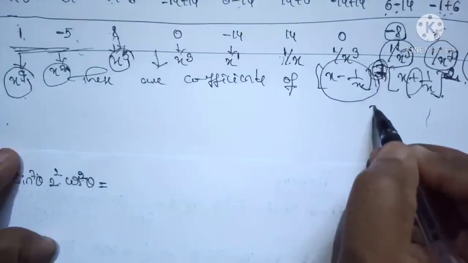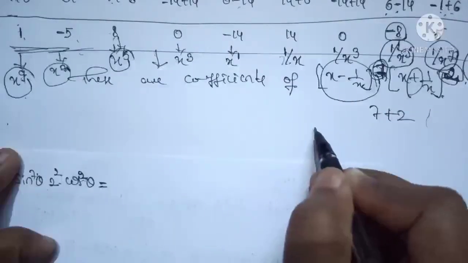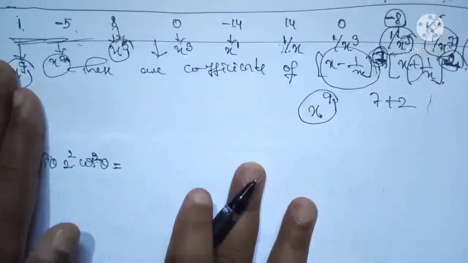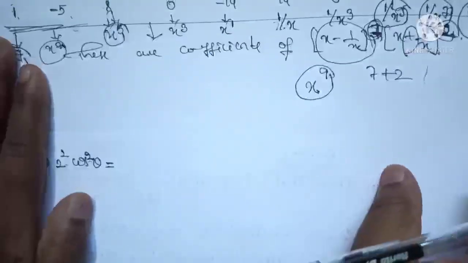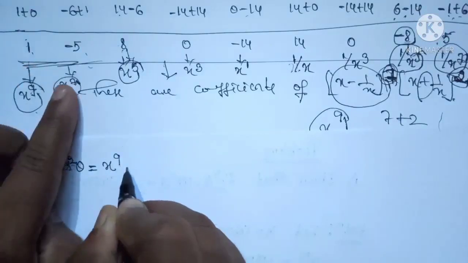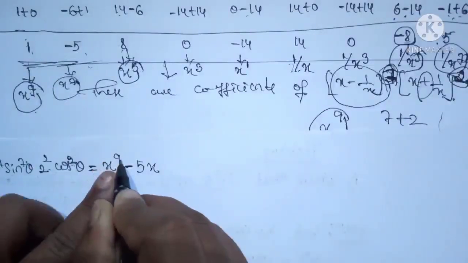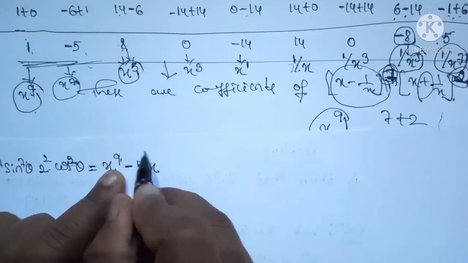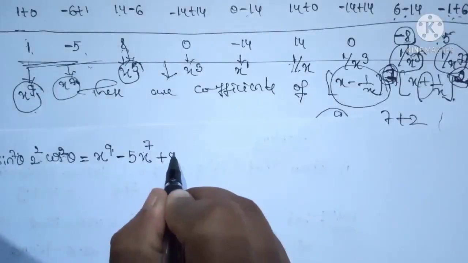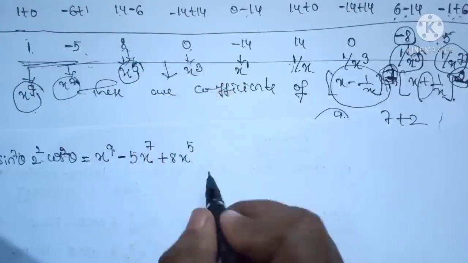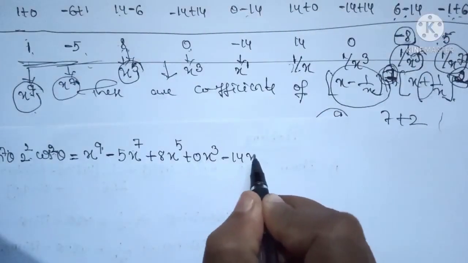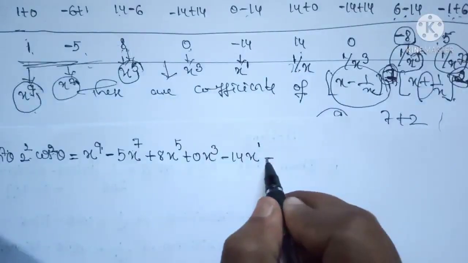Its power is 7 and its power is 2, so we start with x power 9 and go on adding x powers with all these coefficients. The first constant is 1: 1 into x power 9 is x power 9, minus 5 x power 7, reducing by 2 each time. Next coefficient is 8 x power 5, 0 x power 3, minus 14 x power 1, plus 14.